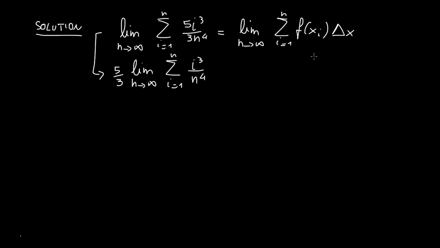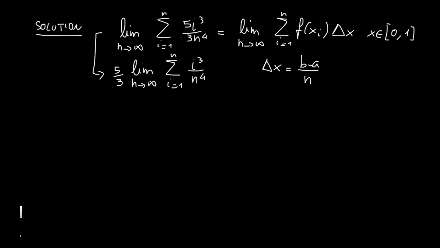And now let's look at the Riemann sum and calculate delta x in our case. So delta x is defined as b minus a over n, and remember that our function is defined over an interval 0, 1.